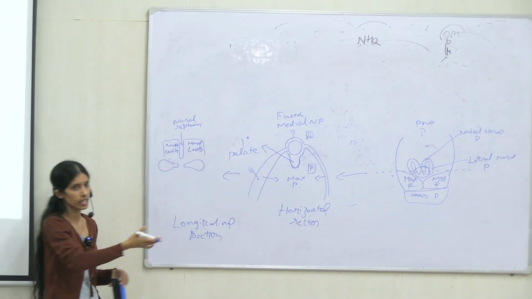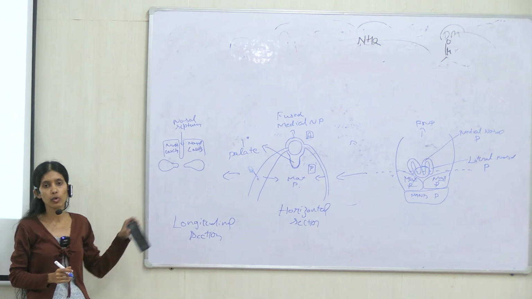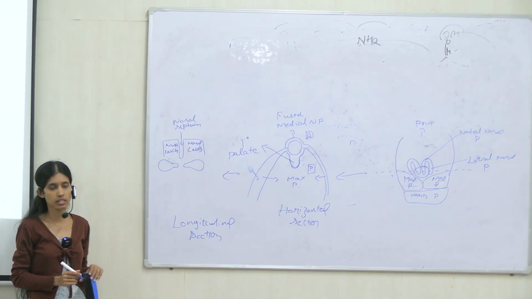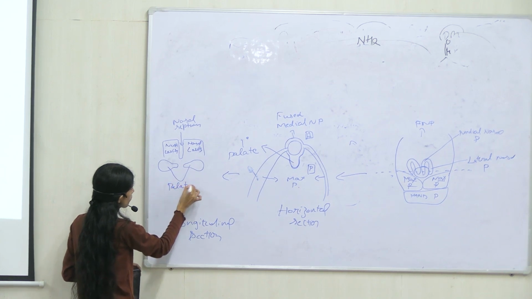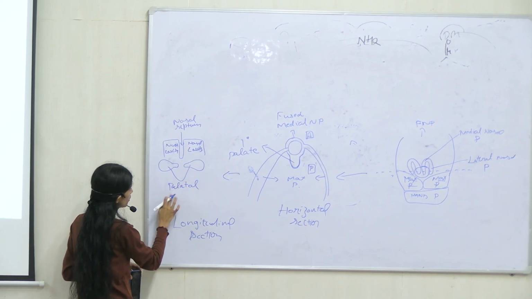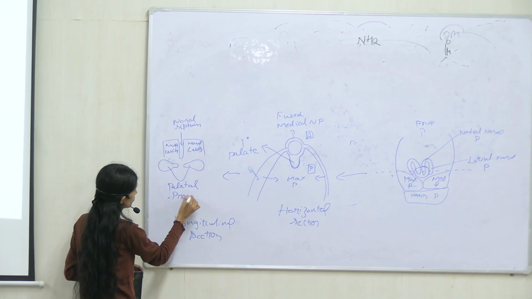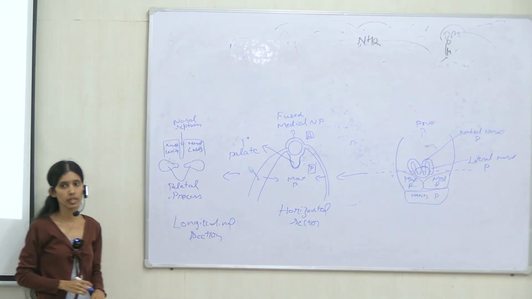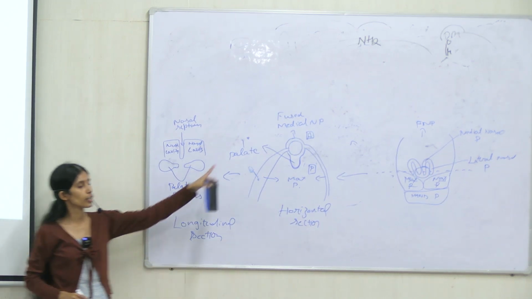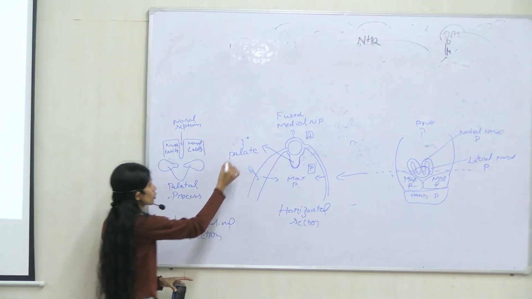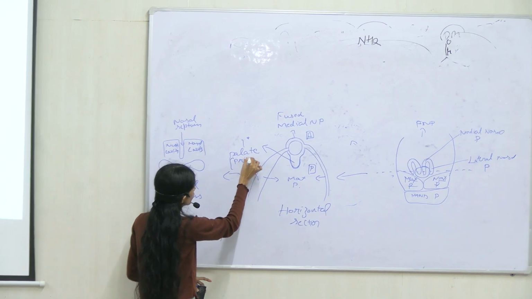So below the nasal cavity, we have one more important process at this section, that is called palatal process. This process is called palatal process, and your primary palate is also known as primitive palate.